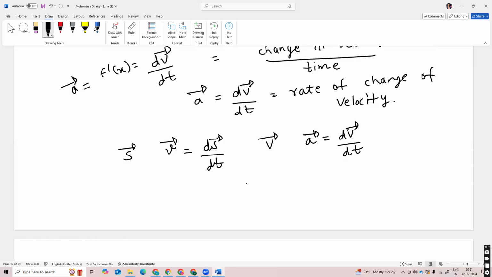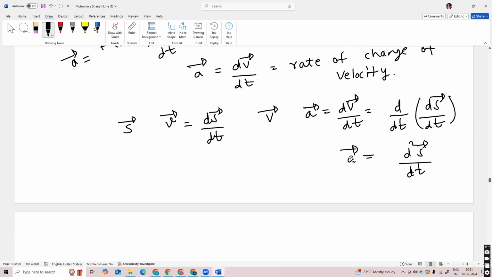If you put v as ds upon dt, it becomes d upon dt of ds upon dt, so it becomes d square s upon dt square. So acceleration is the double derivative of displacement with respect to time.